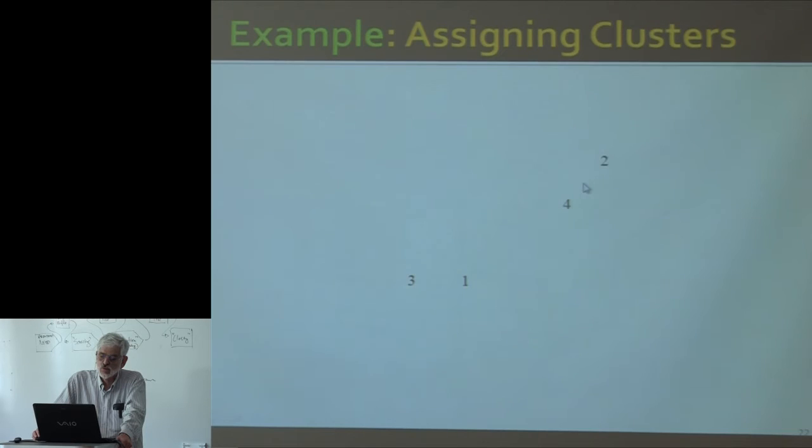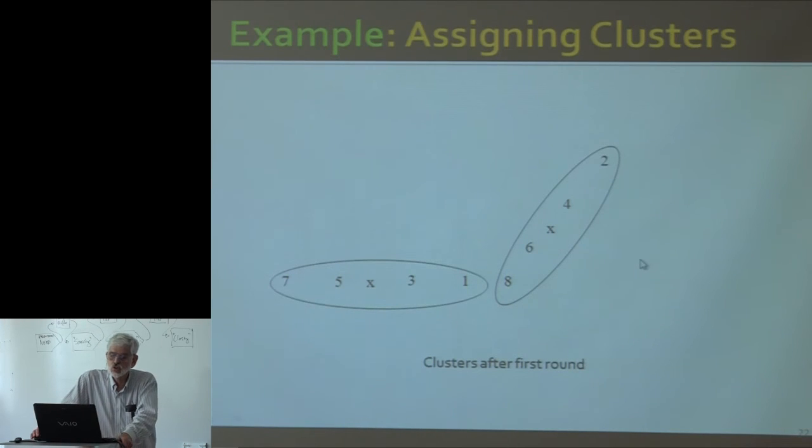Its centroid is now moved to here. 5 comes in, obviously belongs to this cluster. The centroid now is somewhere around here. And 6 comes in, the centroid's around there. 7 comes in, again, the centroid is here. 8 comes in, it's closer to the centroid here than to that centroid. So, well, these would be the initial clusters.